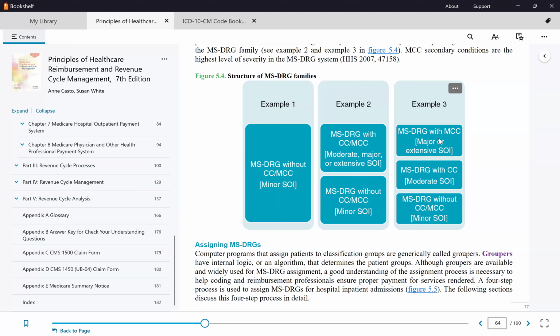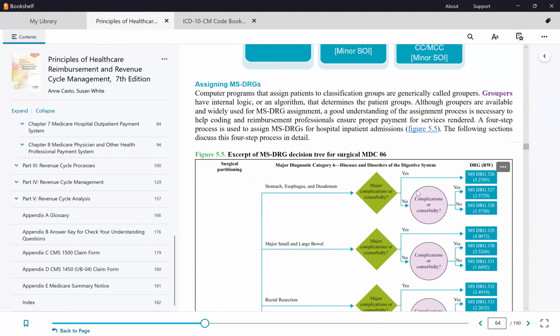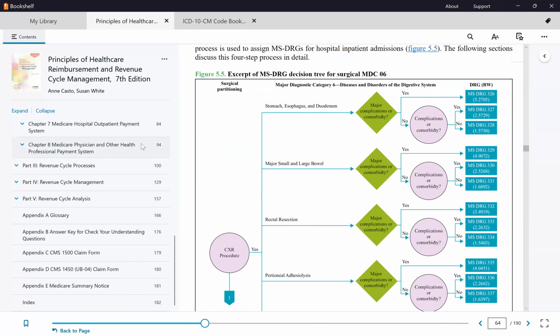And then with 3, we have the major comorbidity complication. We have a comorbidity complication, in other words, extensive severity of illness, and that's kind of driving those things. So basically, the hospital is going to be reimbursed for patients with that.